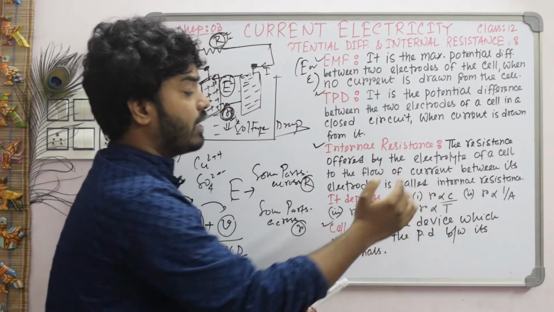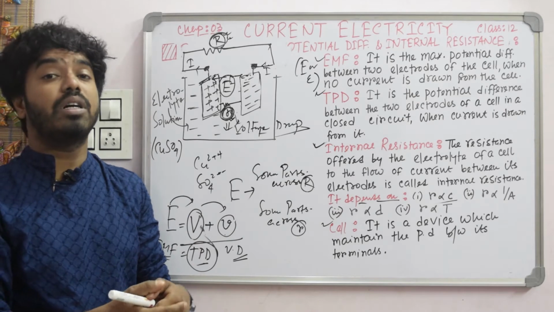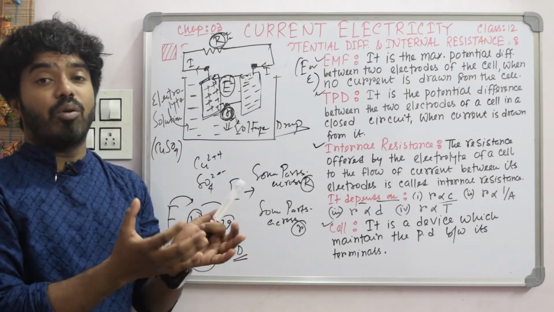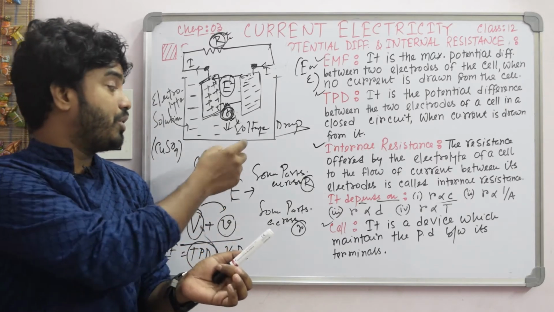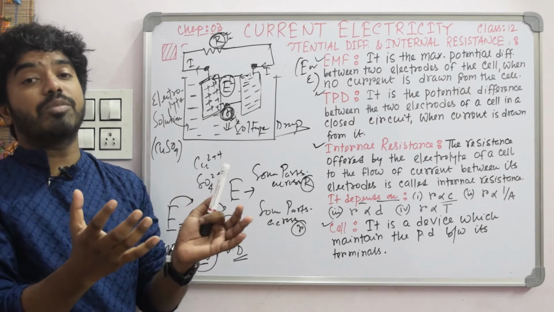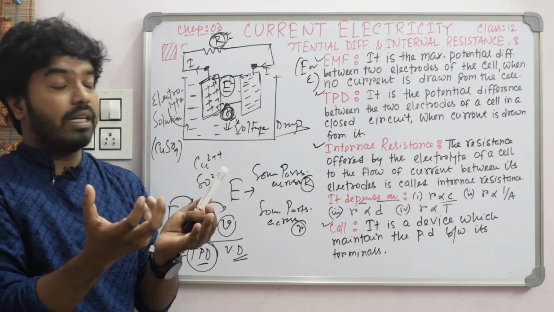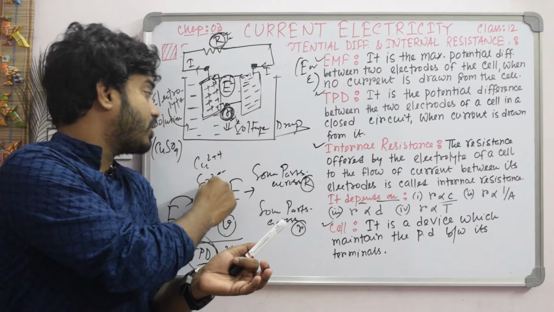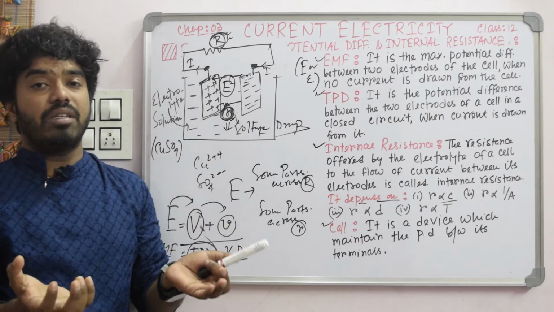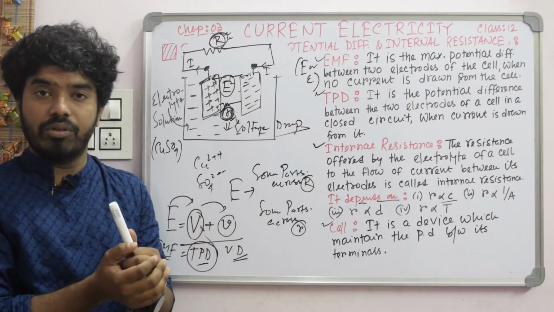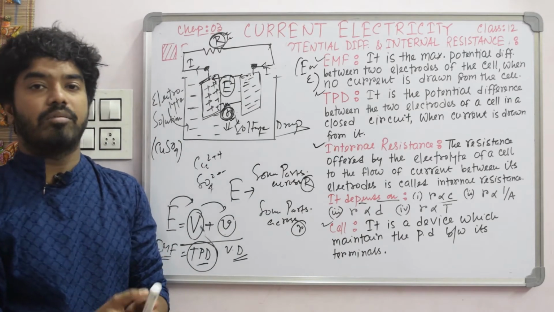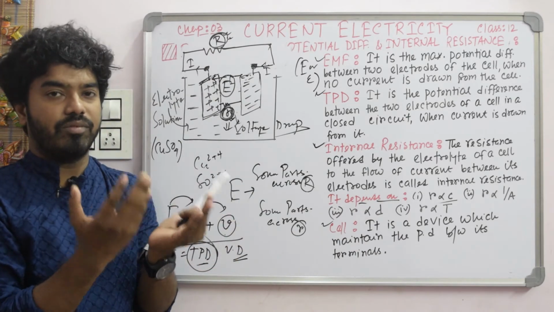Then another factor: internal resistance is directly proportional to the temperature. When the temperature increases, the probability of collision between positive ions and negative ions becomes more. Due to this collision, the internal resistance arises. So when collision becomes more, obviously the internal resistance becomes more. So depending on these 4 factors, internal resistance can vary.